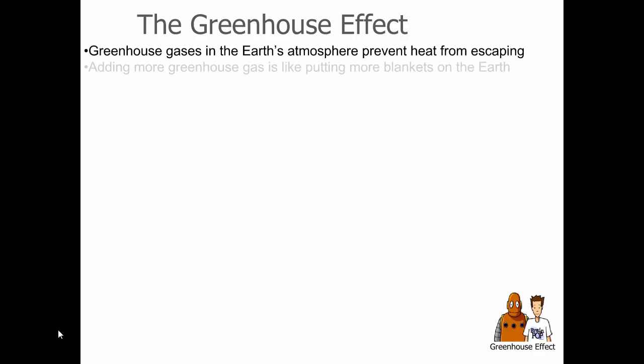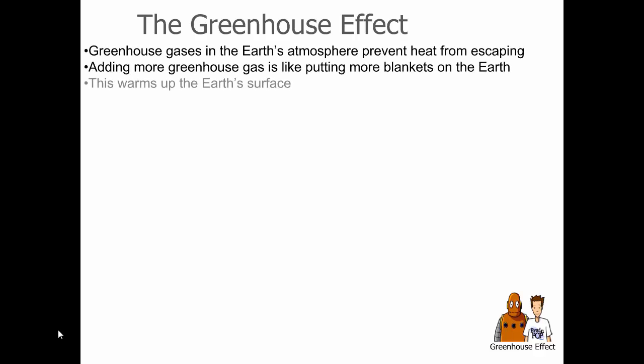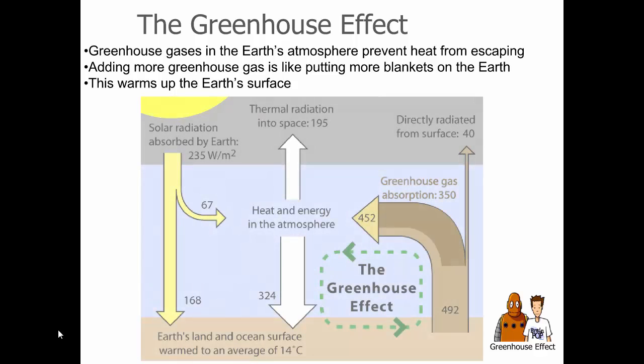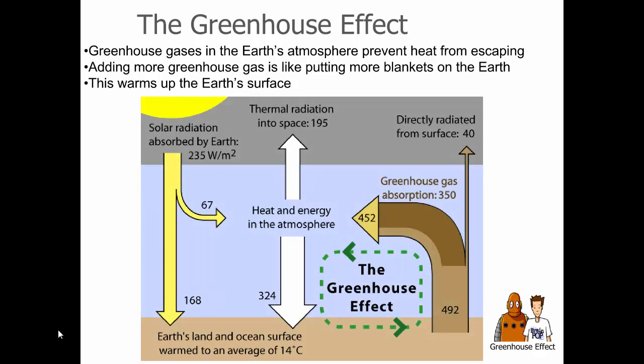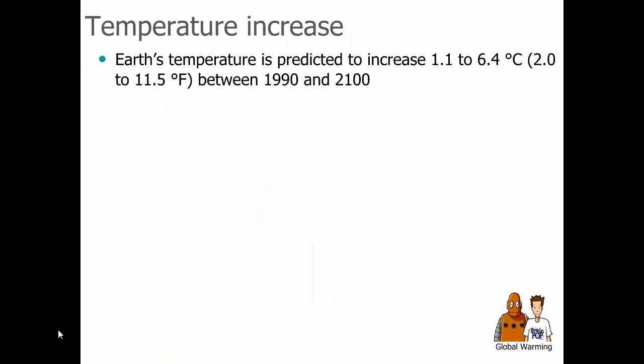And this trapping of heat is called the greenhouse effect. As solar radiation comes into the earth, the earth absorbs it and then radiates some out. The greenhouse effect traps that heat in the earth's atmosphere, causing the temperature to increase. It's like putting an extra blanket on the earth.